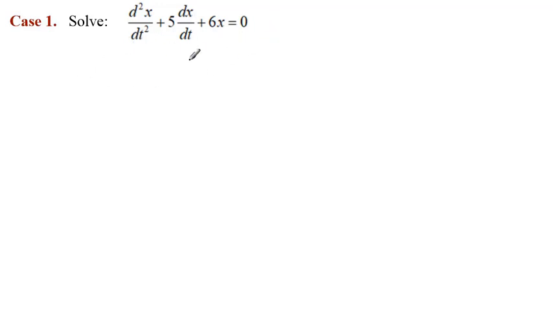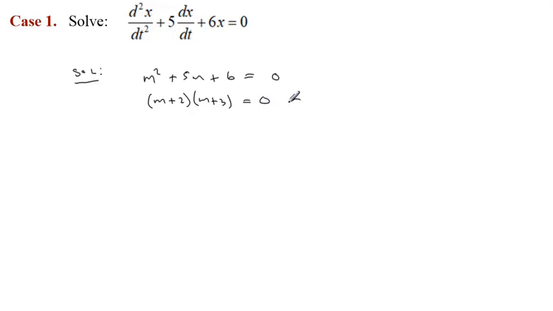In solving it, we firstly determine the characteristic equation, which came up as m squared plus 5m plus 6 equals 0. Factorizing, this was m plus 2 multiplied by m plus 3 equal to 0.